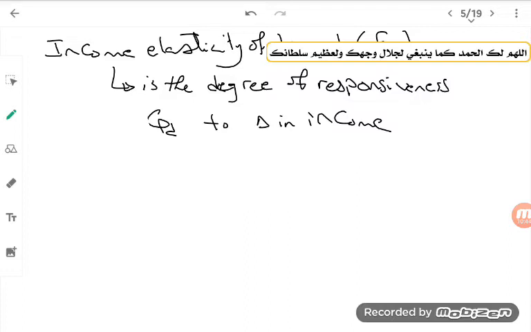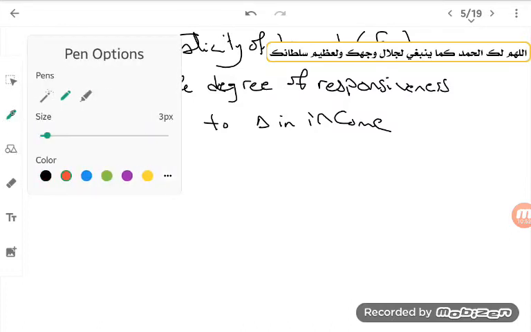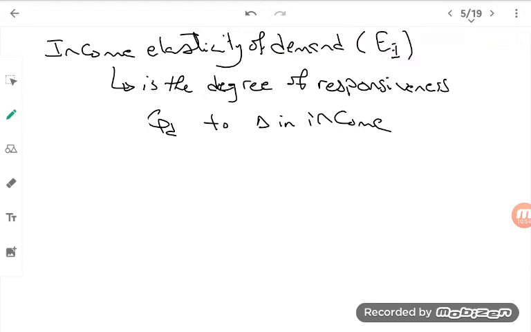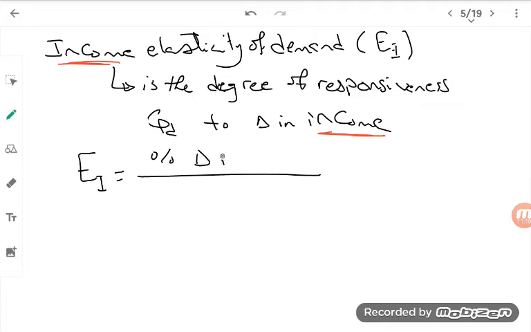It is the degree of the responsiveness of quantity demanded to change in income. So it is the same definition as price elasticity of demand, except in only one word, which is income instead of price. It is calculated as percentage change in QD divided by percentage change in income.